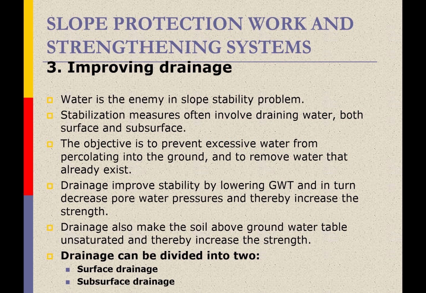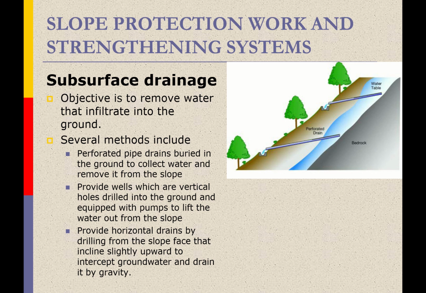So what you can do is to provide for surface drainage, and then of course you can also provide for subsurface drainage. So this is how you install the subsurface drainage. And of course you have that subsurface drainage, we call it a perforated drain, and then you have surface drainage to drain all the water out.